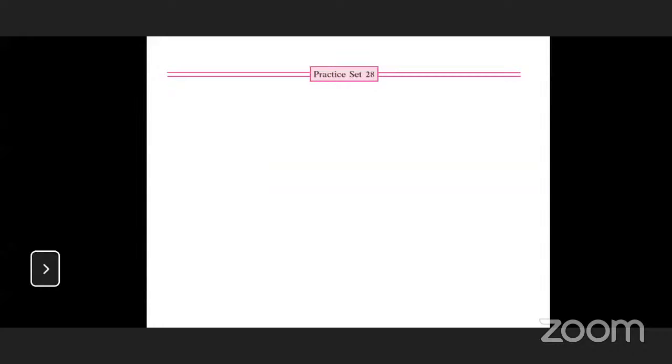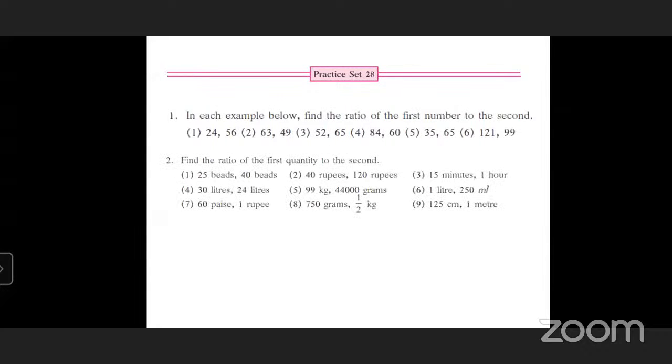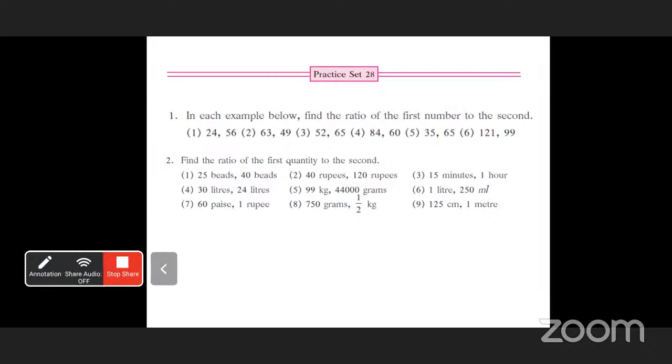Your homework is to practice set 28, the first question, all the 6 questions of the first one. Let us find the ratio of the first number to the second. Then you're going to solve the second question, find the ratio of the first quantity to the second. Now here, you'll have to take care, okay?